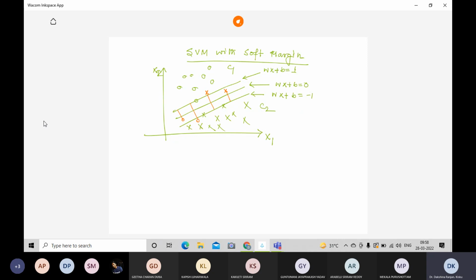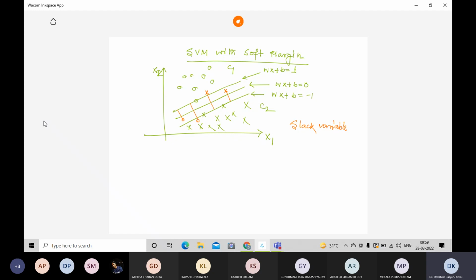When we obtain the penalty or the loss for the misclassified examples, we call this loss of a misclassified point the slack variable. And this will be added to both the primal problem as well as the dual problem.